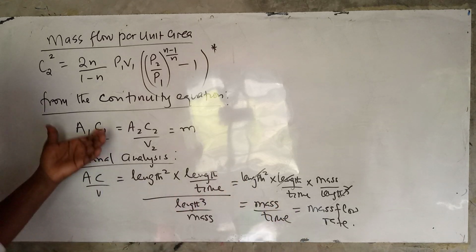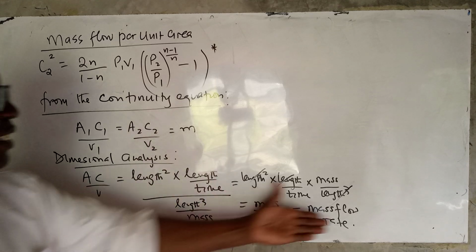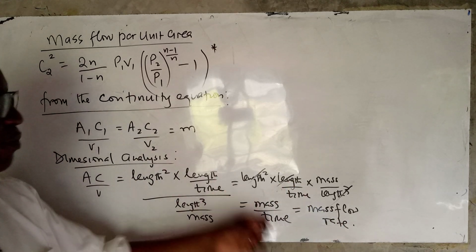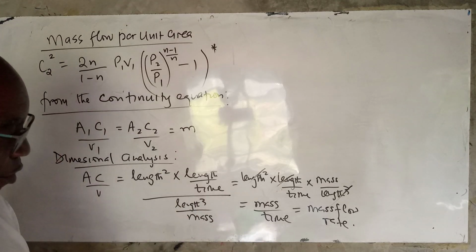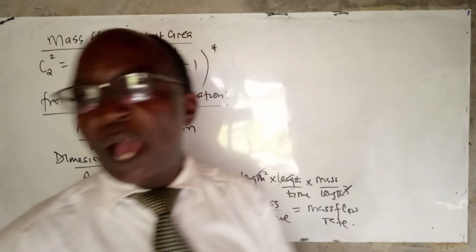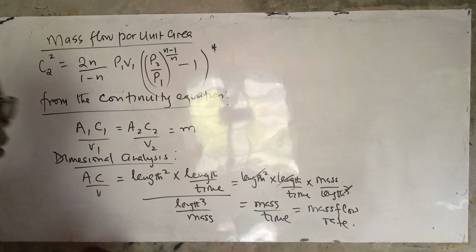So when you are talking about mass flow and you do your dimensional analysis and you don't get an expression showing mass over time, which is mass flow rate, then in that particular case you'll probably have to put in a correction factor so that you harmonize those units with the expressions which you're deriving. So that's very, very important for you.